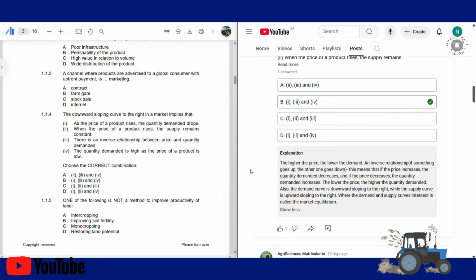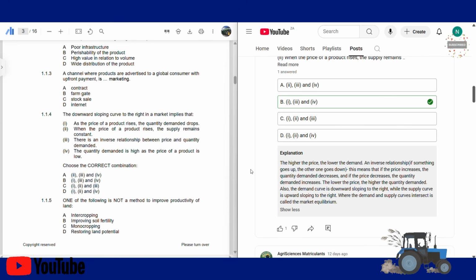So this is an inverse relationship. If something goes up, the other one goes down. This means that if the price increases, the quantity demanded decreases, and if the price decreases, the quantity demanded increases.